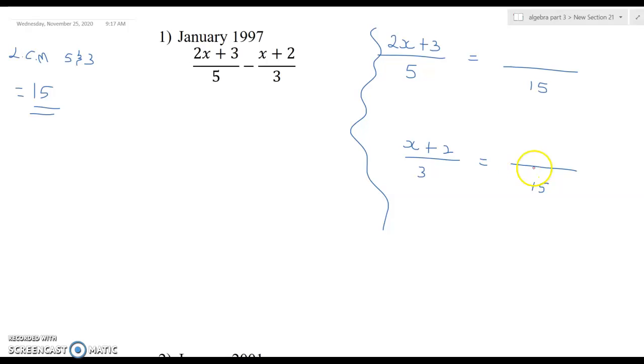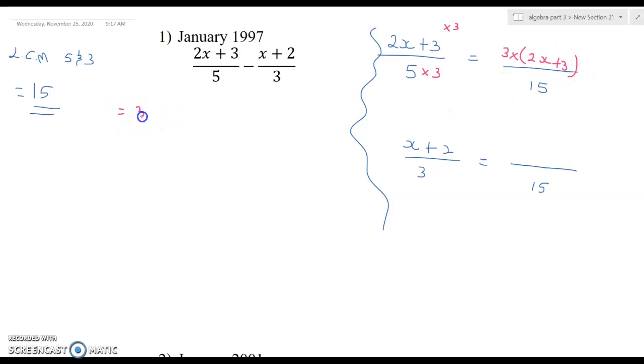Okay, so now 5 times what gives me 15? 5 times 3. So I multiply the top as well by 3, right? So I'll get 3 times, put it in brackets, watch out, 2x plus 3, close brackets, right? So that's my first new fraction.